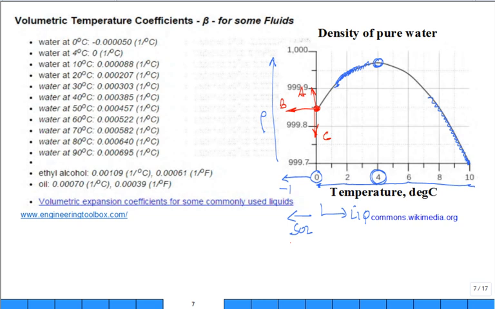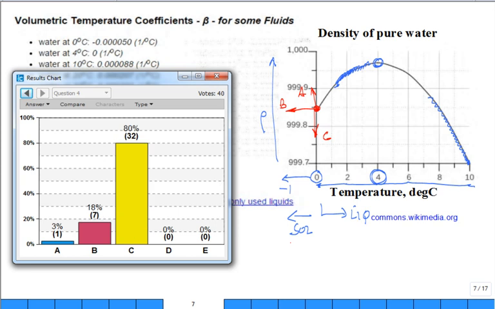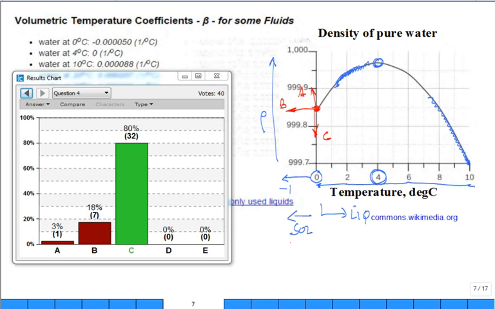It takes more volume after it's frozen, meaning it's less dense. So what did the density do? Doesn't it do that? True? Yeah. And so it'll go down. Dramatically, the density will go down.